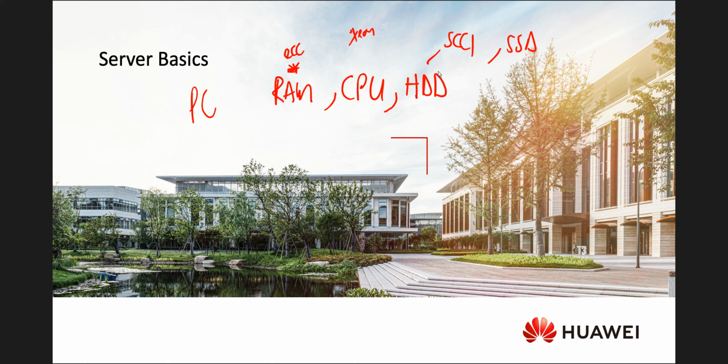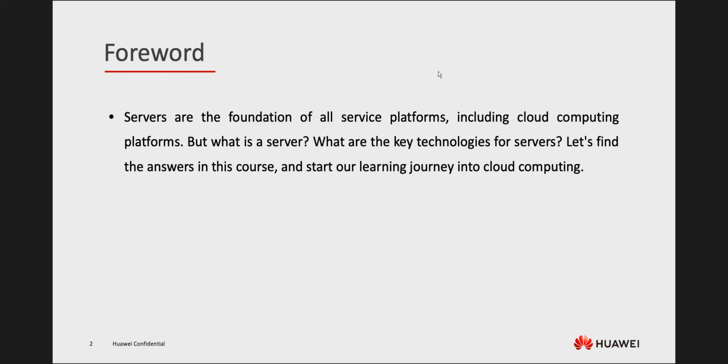Okay. Now there are other things that work with the server, and we'll go through that. All right. So servers are the foundation of all server platforms, which means that any particular cloud provider out there has a server that they run their particular operating system on. They can have a different name for it. They can keep it hidden from the public, saying they have a cloud OS but not saying what they're running on.